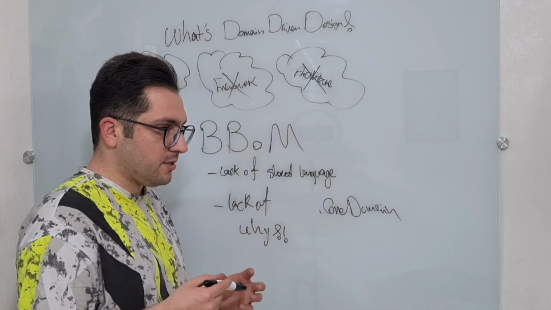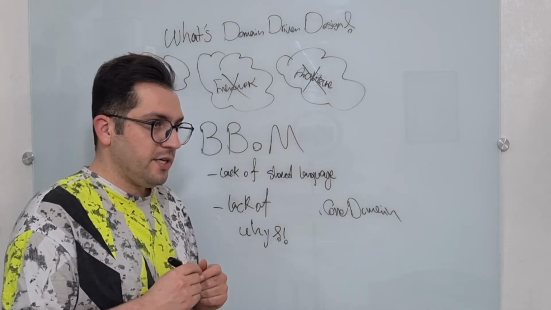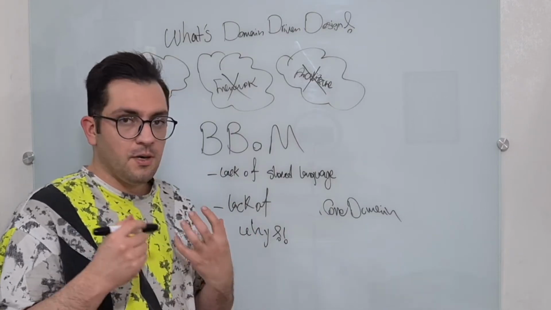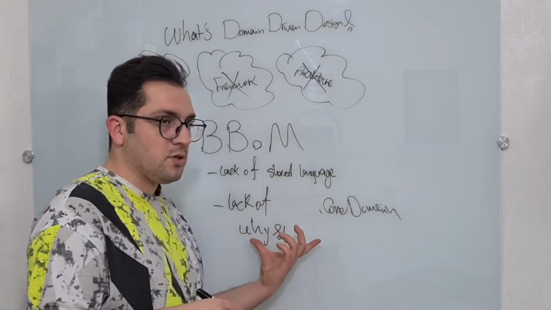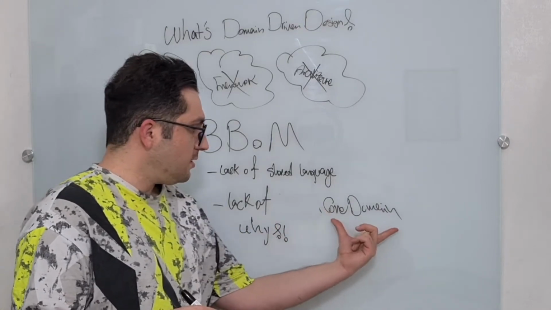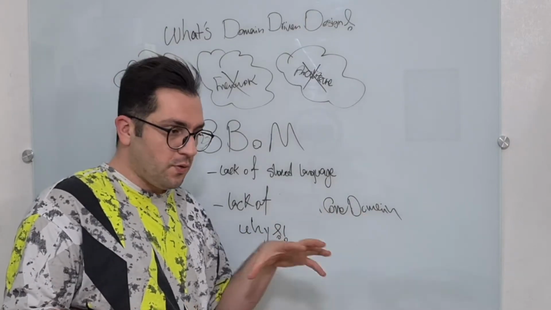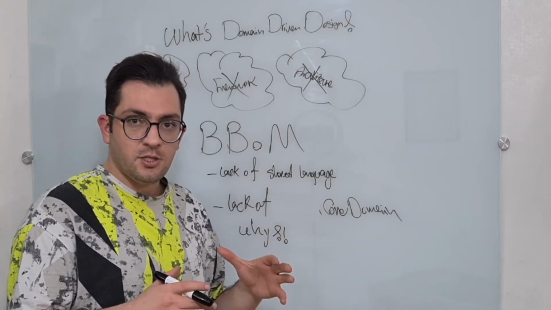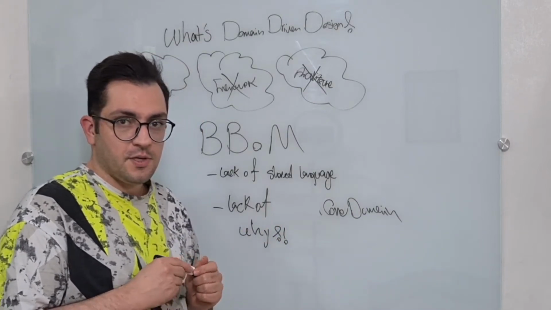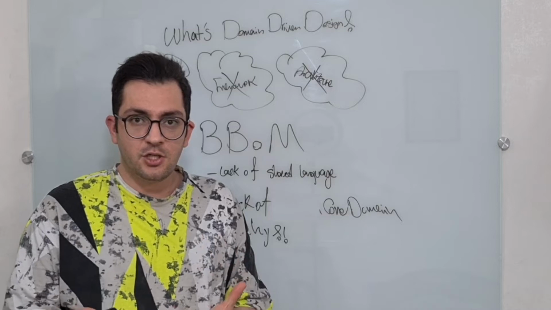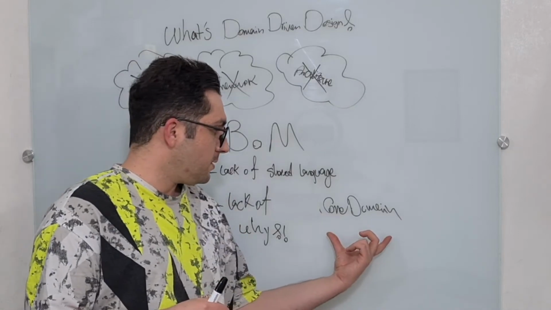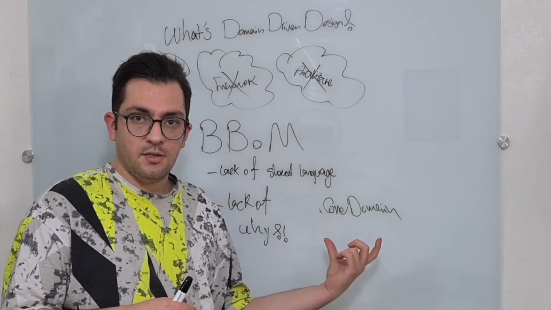Who are the clients? What is the benefit of creating this software? What problem is this software going to solve? Without understanding the core domain, without focusing on the problem space, you won't have valuable software because you don't have a clear vision of what's going to happen in this software.